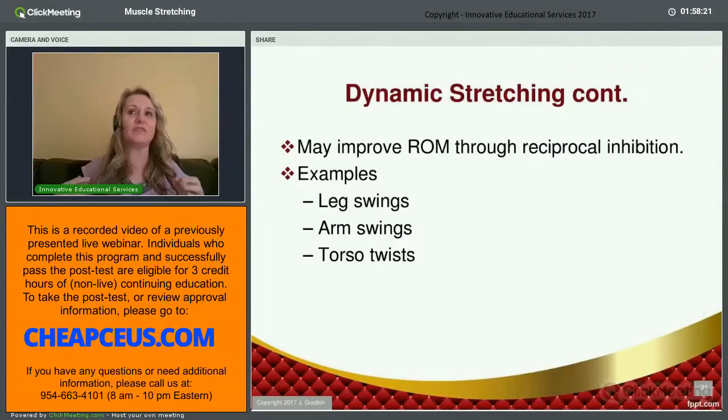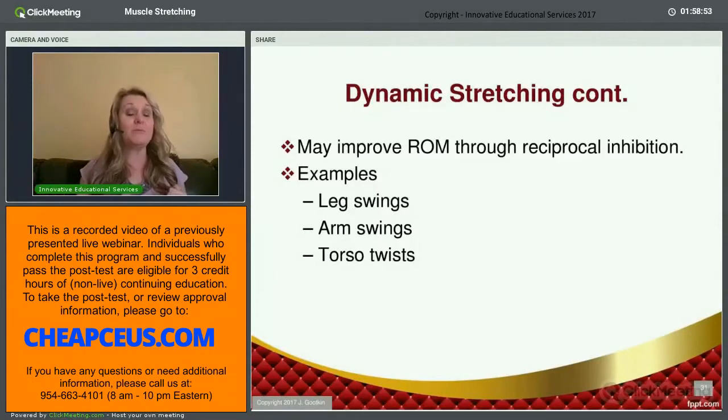Dynamic stretching is something that a lot of participants after the course say it wasn't a technique that they had considered for their patient population, but they're starting to implement it because it's not just your athlete. Think of your patients who are returning to any functional activity or recreational sport activity, I should say, where they are going to participate in a sport and need to perform stretching beforehand.